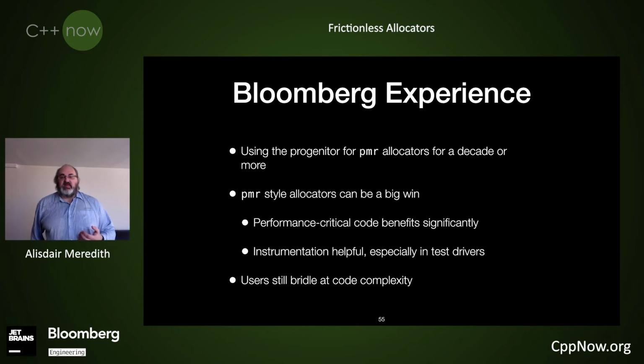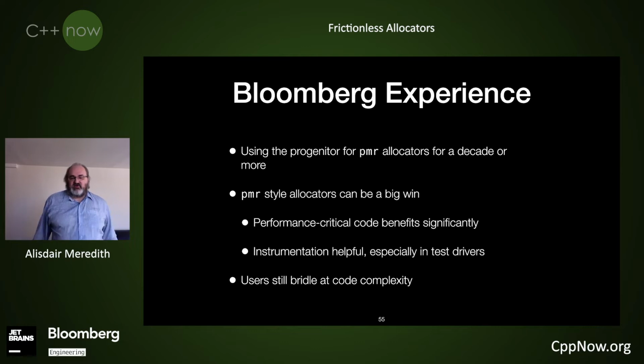So the Bloomberg experience using allocators, which is, of course, where I come into all this. Bloomberg uses its BSL MA allocator model, which is the progenitor for what became PMR allocators. We find the big win is when you have a use case for allocators in performance critical code, where you have the context to say, I know I can use an allocator here intelligently. From my perspective, I spend all my time writing test drivers, and having the ability to instrument our code to make sure that the allocation behavior is what we expect and is working correctly has been a huge win.